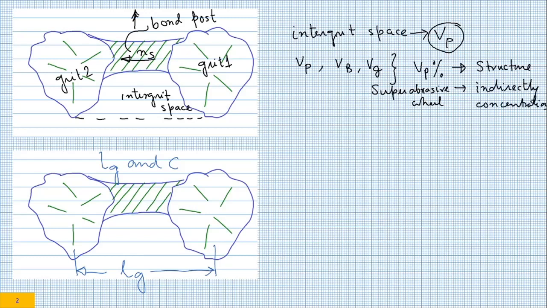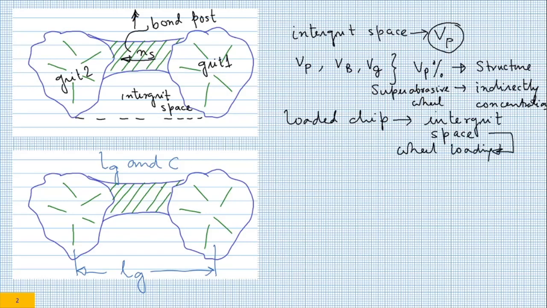So this is the intergrid space, and if I have a chip which is interlocked here, if I have a loaded chip at the intergrid space, then that phenomenon is called wheel loading.